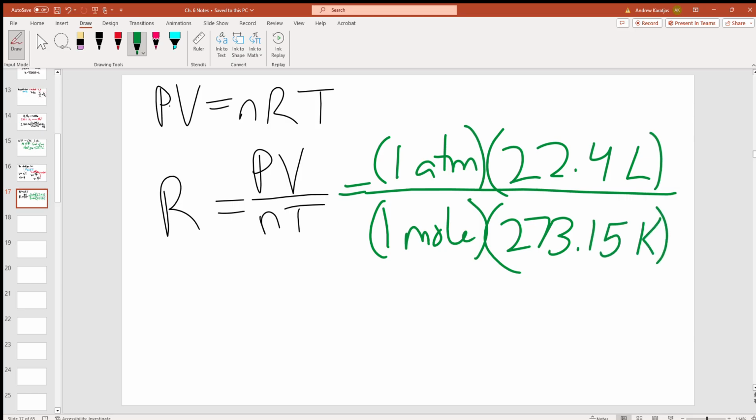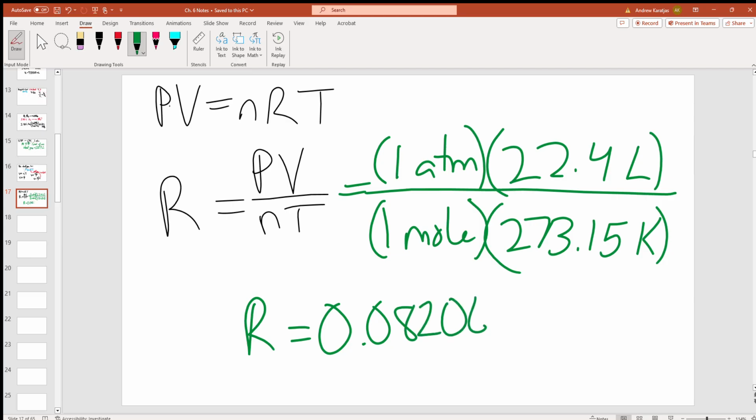And if we calculate that out, we get a value for R, 0.08206 liters times atmospheres over moles times Kelvin.